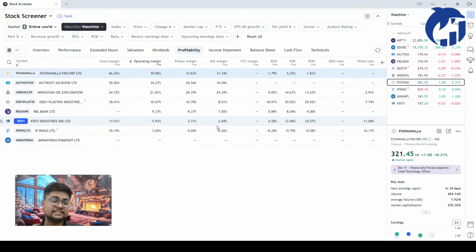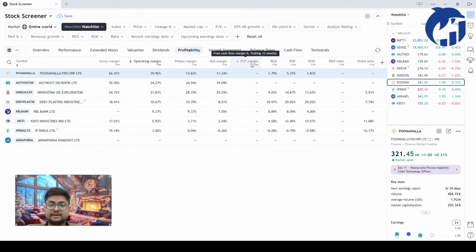So it is a very serious concern for us. It has become negative, not even positive. These are the levels we are seeing.